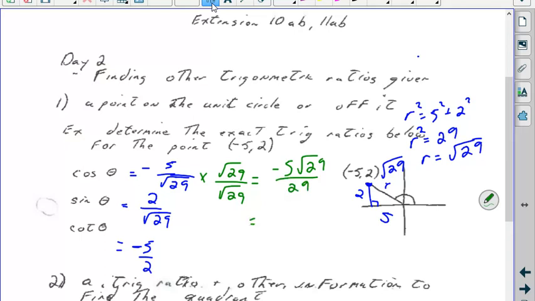And down here we would do the same thing to get 2 square root 29 over 29. Don't write square root 29 as 5.2 or whatever, but leave it in exact values, and if you can, reduce it to a smaller value. So if you get square root 20, you can reduce that down to 2 square root 5, and you can work this out.